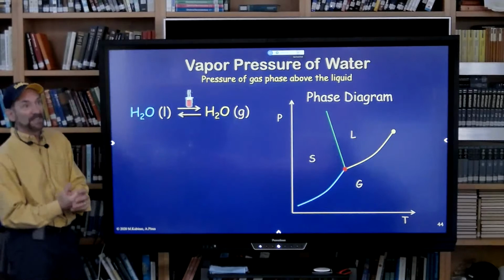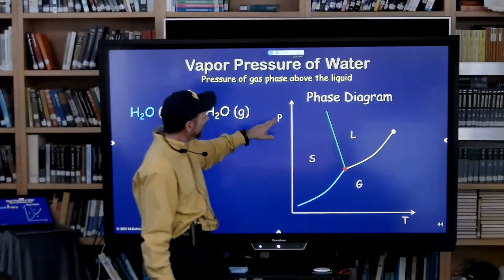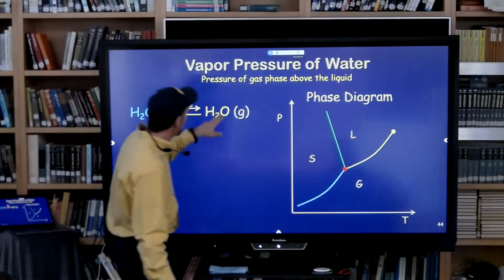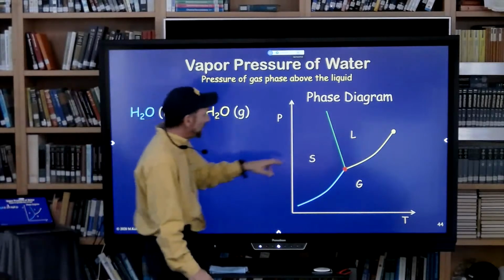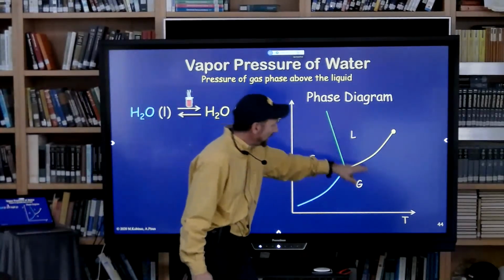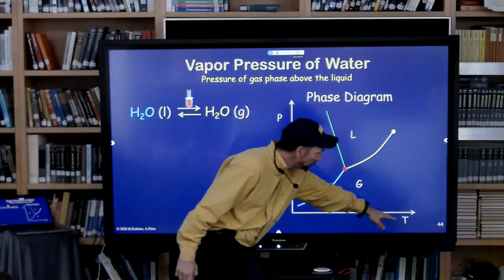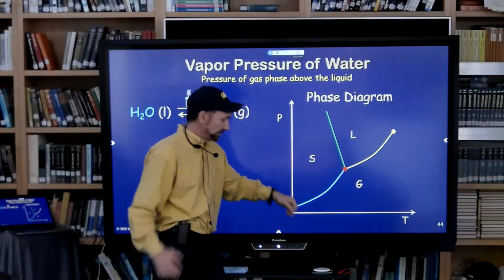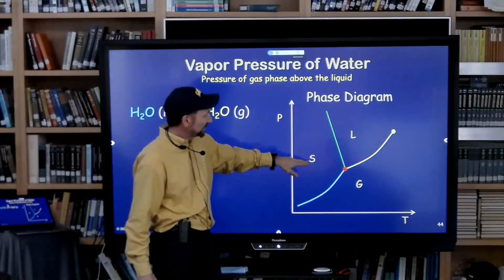I'm going to draw something called a phase diagram. We don't need to know too much about this, but if you look at all the pressures and temperatures of this gas, you can say, well, at high pressures and low temperatures, so if you squeeze it and you freeze it, you'd expect it to become a solid.